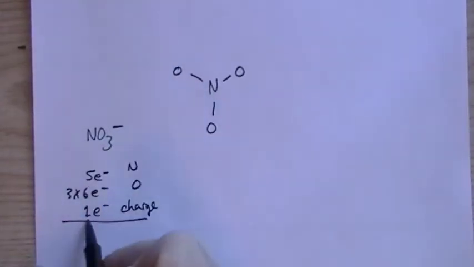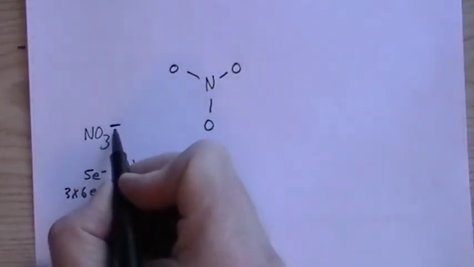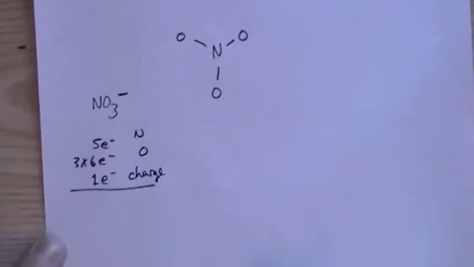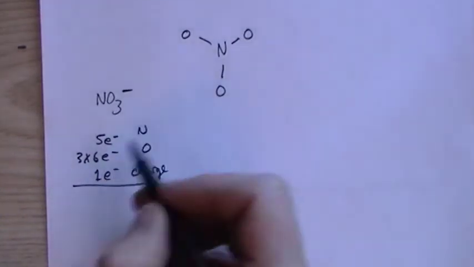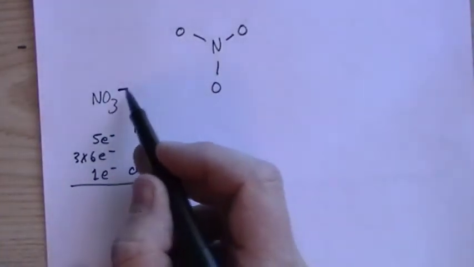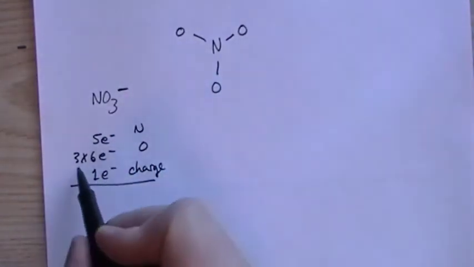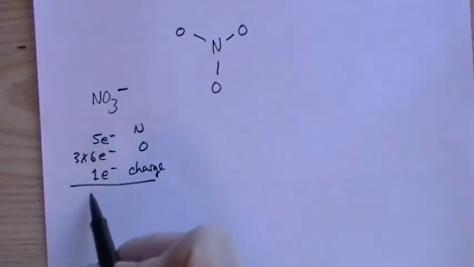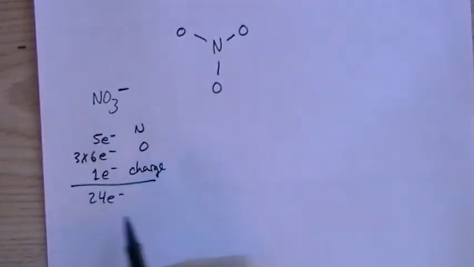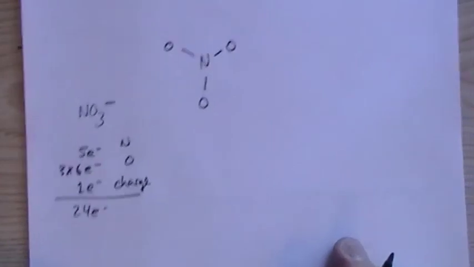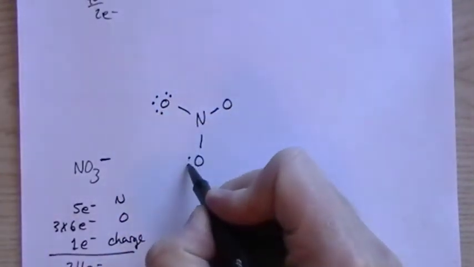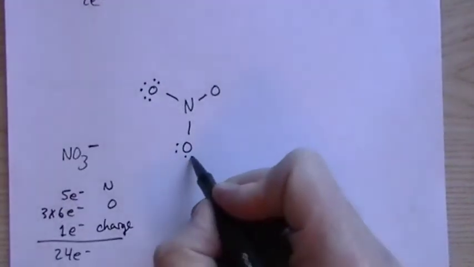If it was -2, there'd be a 2 here. If it was +1, then we'd have to take away 1 of the electrons. So the valence electrons are involved in bonding, and they also provide the charge on the polyatomic ion. So this is 18, 23, 24, and we get to a multiple of 8. So looks good.